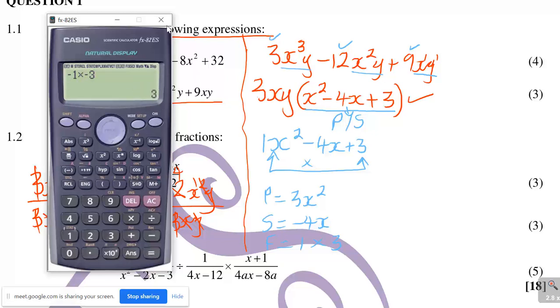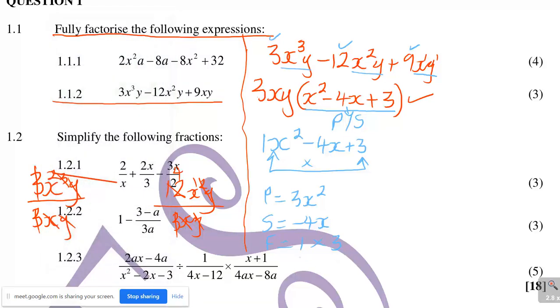Do you see that? So it's either 1 times 3, or negative 1 times negative 3. So it's either both of them are positive or both of them are negative.